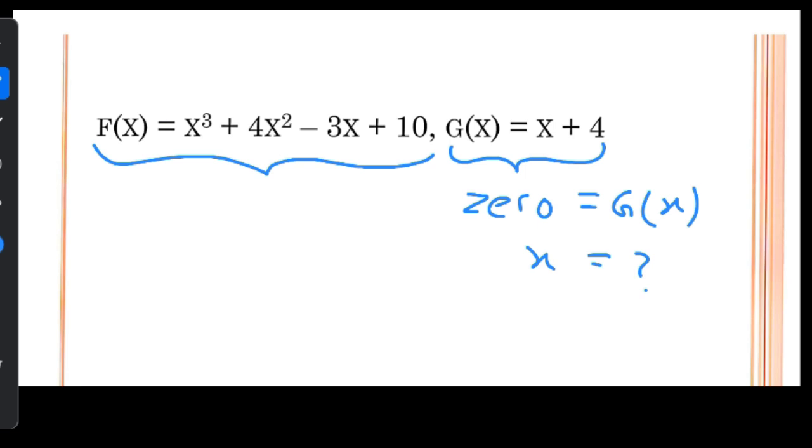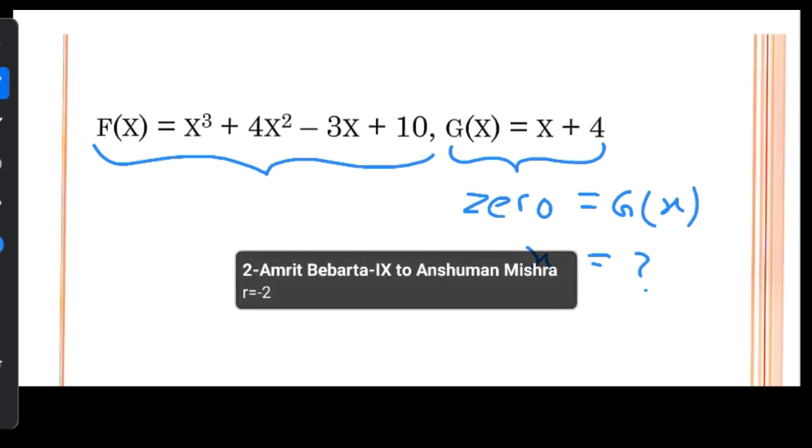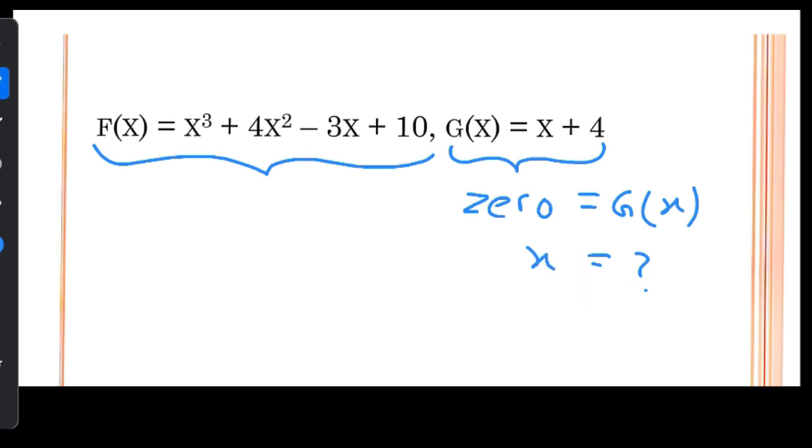Use that value in place of x. Once you do that, you will have a number remaining after adding and subtracting everything, and that is the remainder. Okay. Amrit's answer has come. Rest of you, please solve fast.